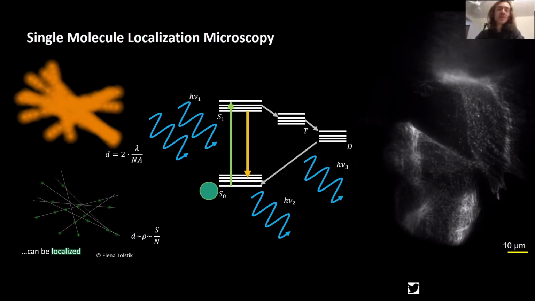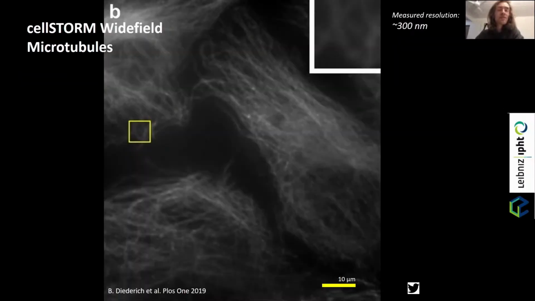So what you do is you localize each of these little blinking events, and then with that you have a table with many events, and you render them over time, so to say, so that you in the end have, for example, the actin structure of these cells that are fluorescently labeled reconstructed, and then you are not limited by the classical Abbe formula, but rather by the number of photons you can detect.